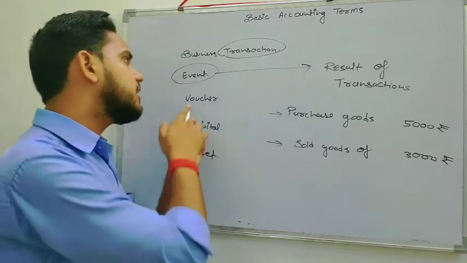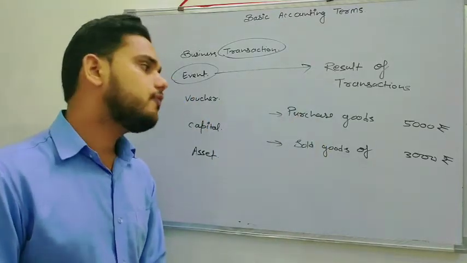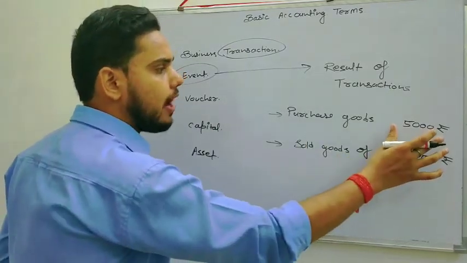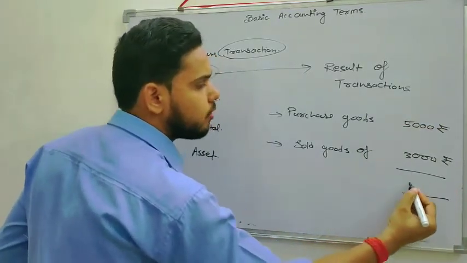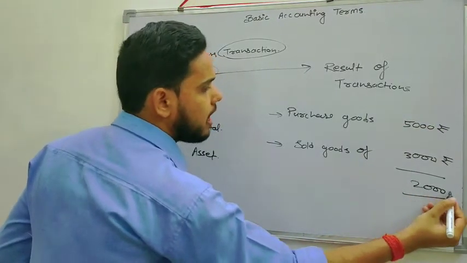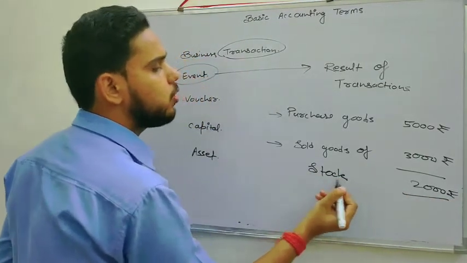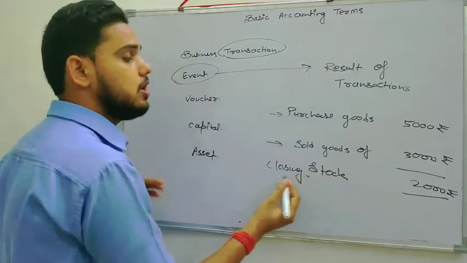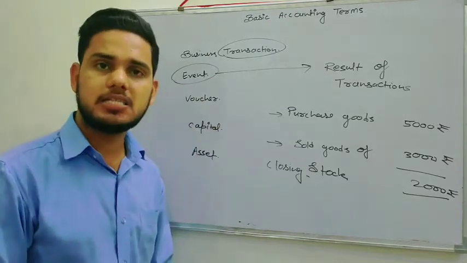Now let's see the event. Event means result of transaction. If you see, you purchased goods of 5,000 and out of this 5,000 you sold goods of 3,000. So now you have a stock of 2,000 rupees. That is our closing stock. So this closing stock will be an event for the business.